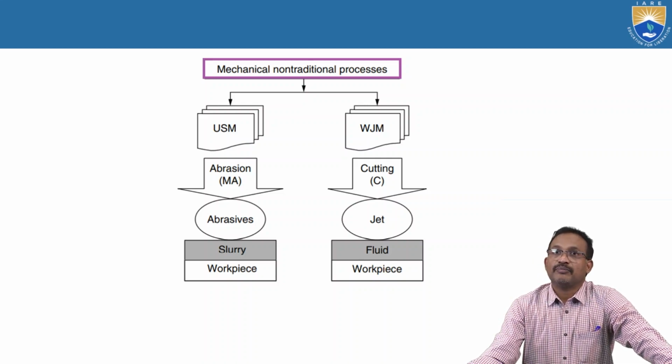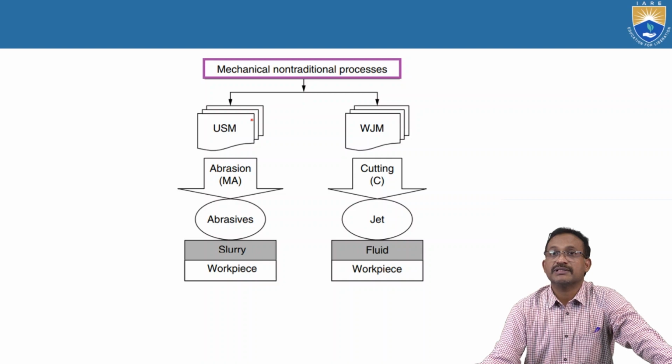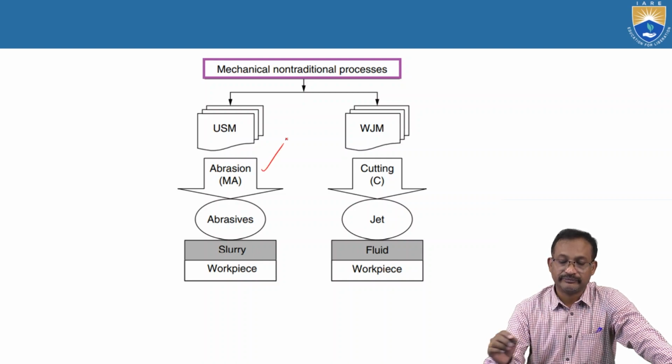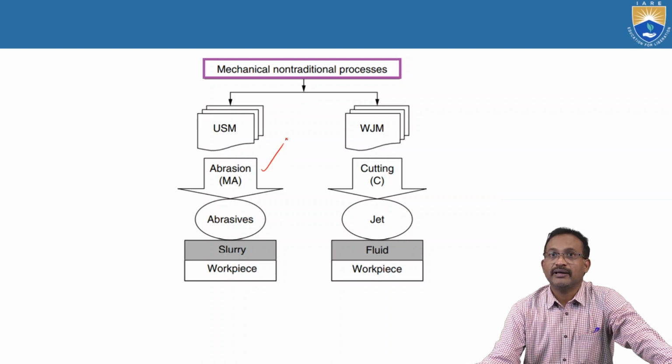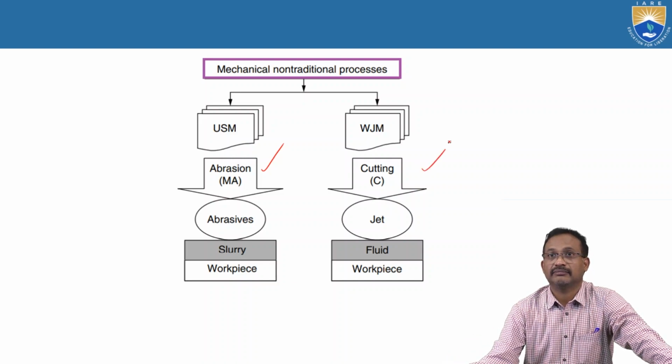Mechanical non-traditional processes. Under this, ultrasonic machining and water jet machining. Here, the ultrasonic machining process is performed because of abrasion, and in water jet machining the material removal takes place because of the cutting action.